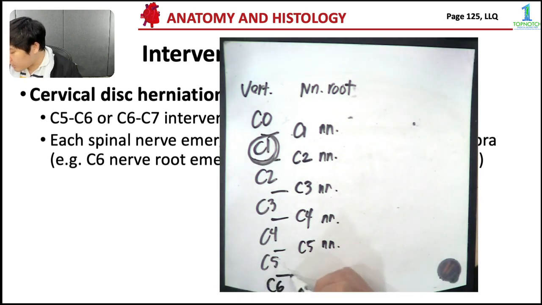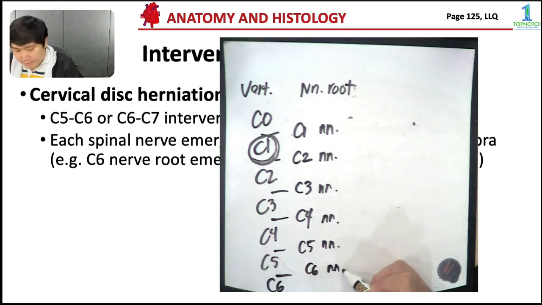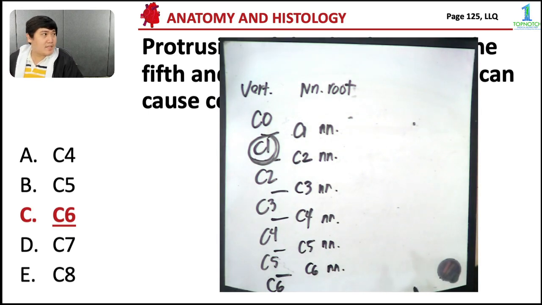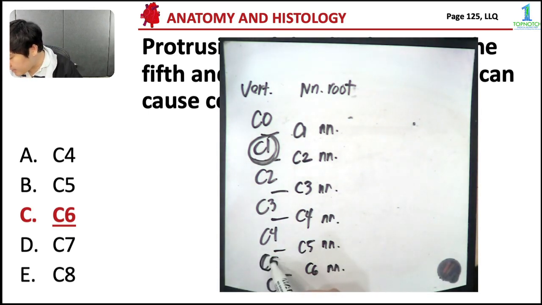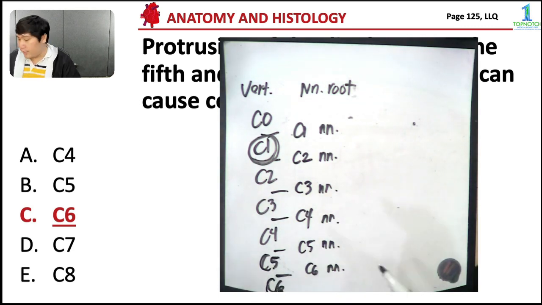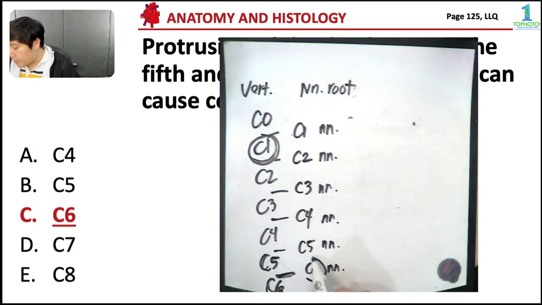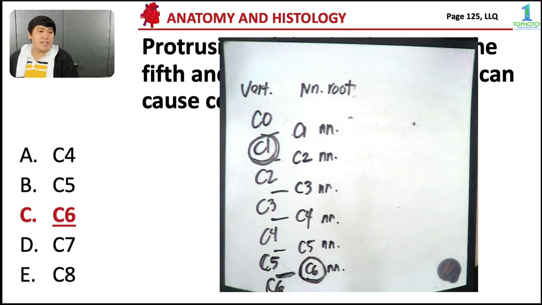So in the question, what does it say? Between C5 and C6. What happens when you have a disc herniation between C5 and C6? Straightforward: whichever nerve root exits is the one that gets compressed in cervical disc herniation. Again, straightforward.